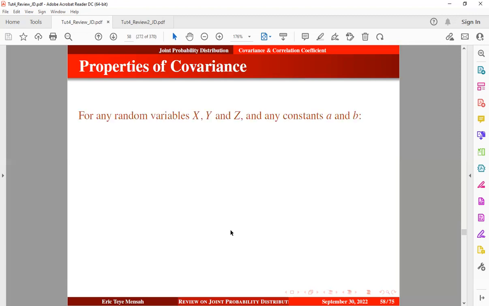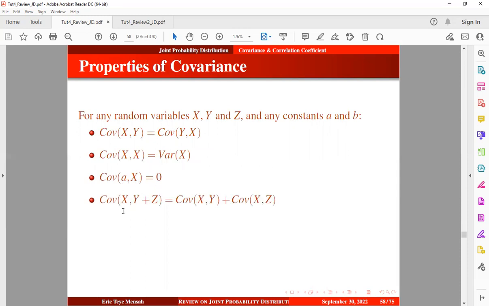All right, let's take a look at the properties of covariance. For any random variables x, y and z, and any constants a and b, the covariance of x and y is equal to the covariance of y and x, and also the covariance of x and x is equal to the variance of x. You have to take note of this because it will be relevant in our subsequent tutorials. Also, the covariance of a constant and a random variable will always be 0, and the covariance of x with y plus z can be expressed in this form.